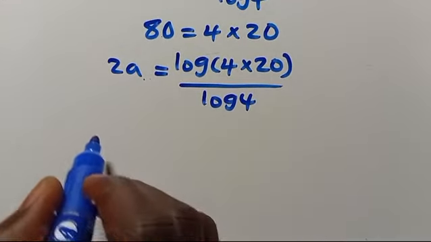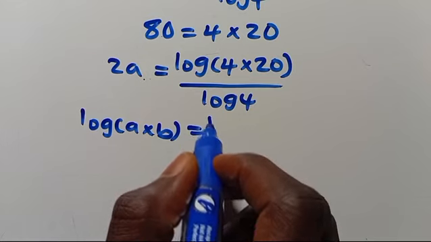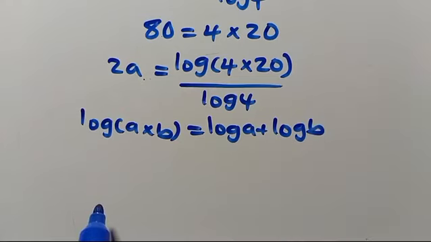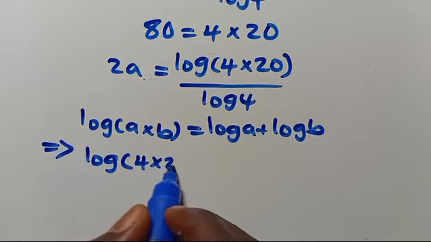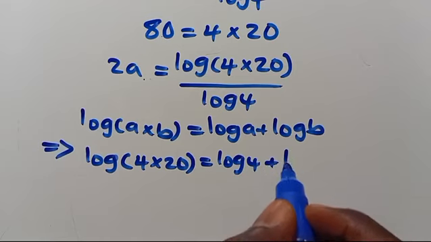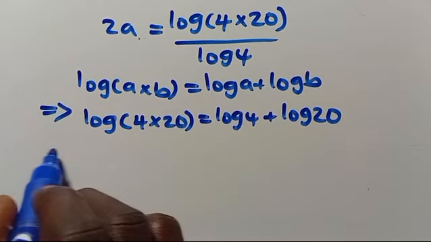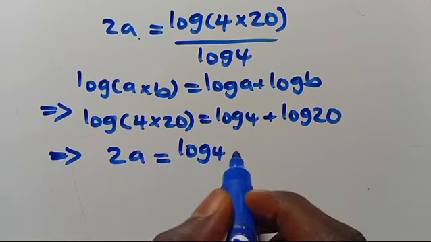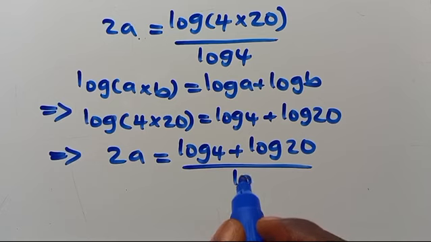Then from the law of logarithm, log of a times b equals log a plus log b. Therefore, log of 4 times 20 equals log 4 plus log 20. So we have 2a equals log 4 plus log 20 over log 4.